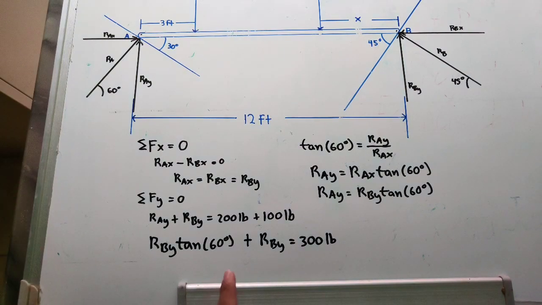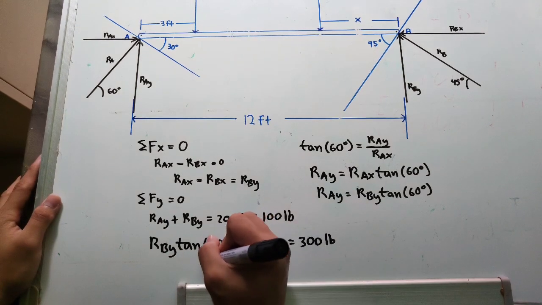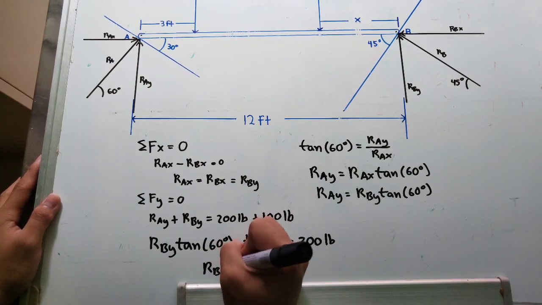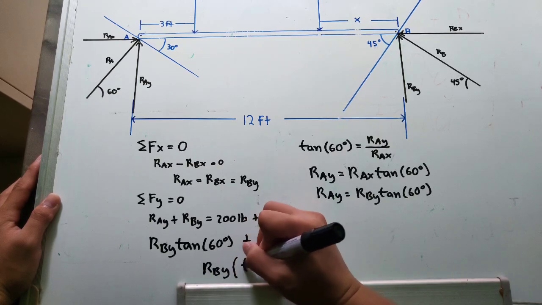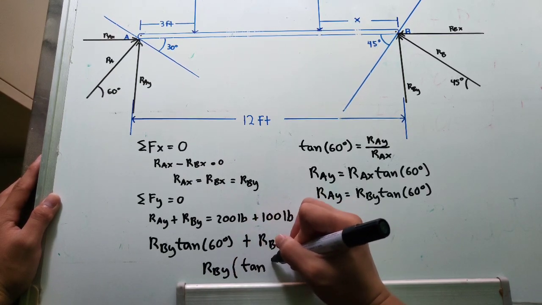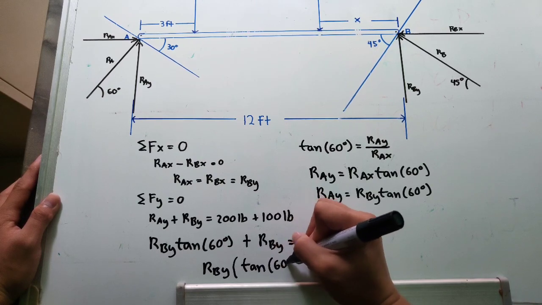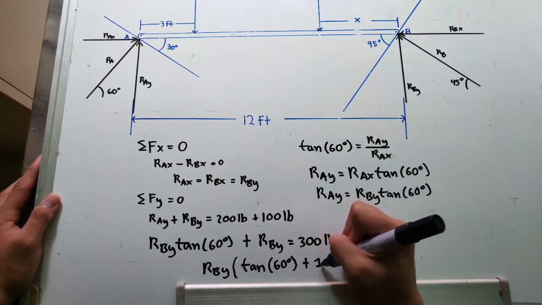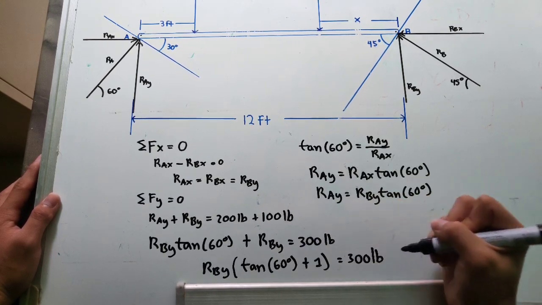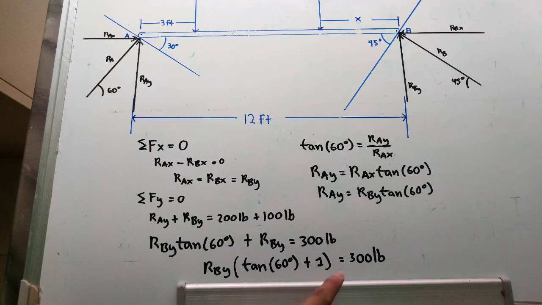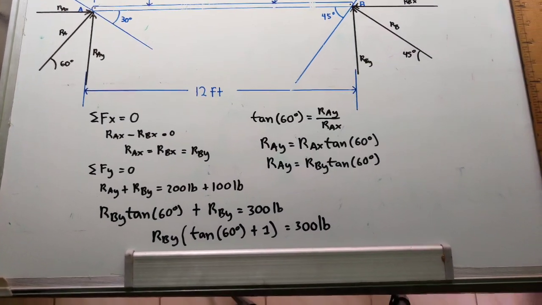So we take out the RBY and we get RBY times tan 60 degrees plus 1 is equal to 300 pounds. Now, this equation is important, and of course we can still simplify it.